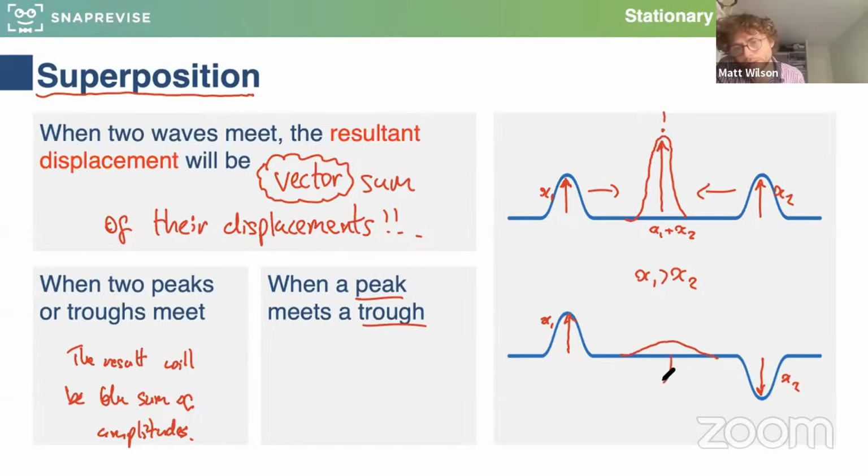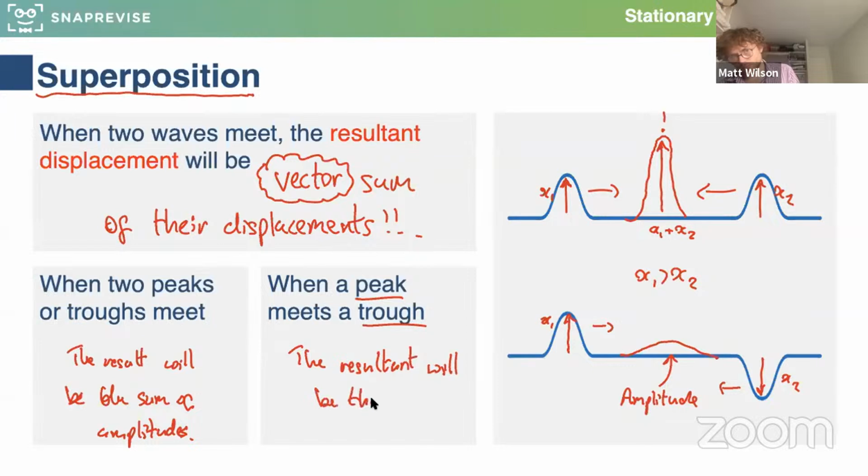And what will the amplitude of this wave be when they meet in the middle? Okay, so the point is, in this case, the result will be the difference in amplitudes.